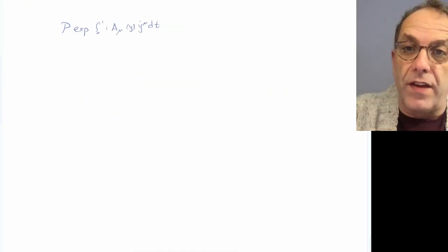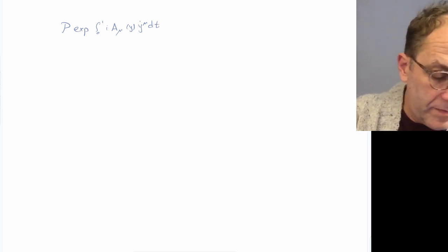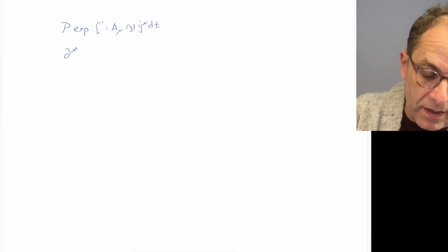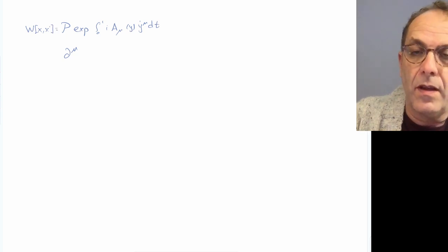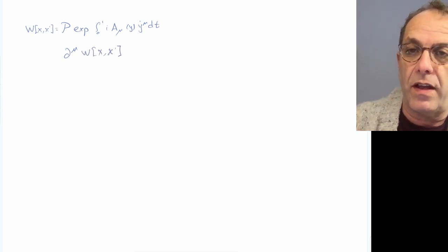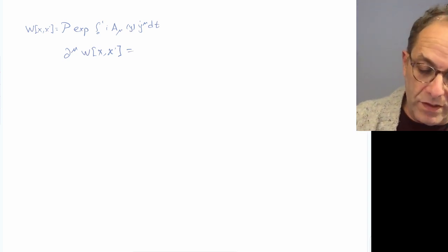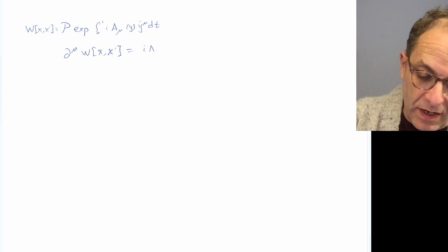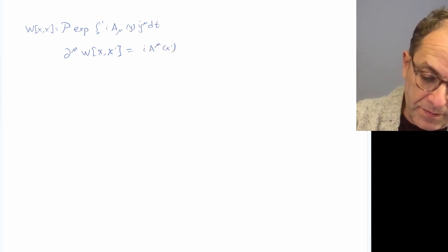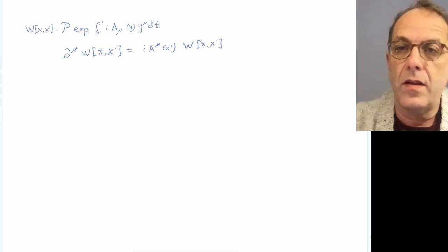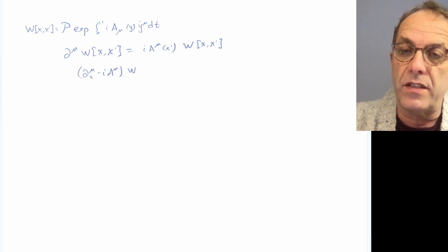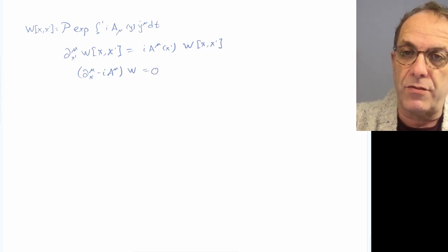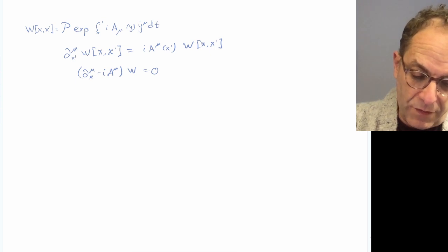There is another derivation which is more elegant, and here I differentiate with respect to the point x prime, and x prime is the upper limit of the integral, and it is the leftmost part of the Wilson line, so it will bring down an i A mu at x prime times W. So it satisfies this covariant derivative equation, which is the same as the behavior that you would expect from an object that transforms in the fundamental.